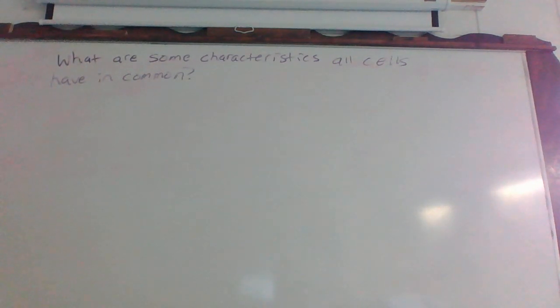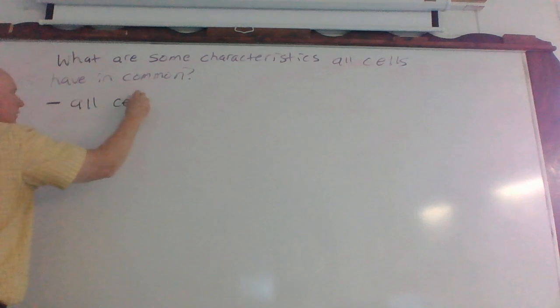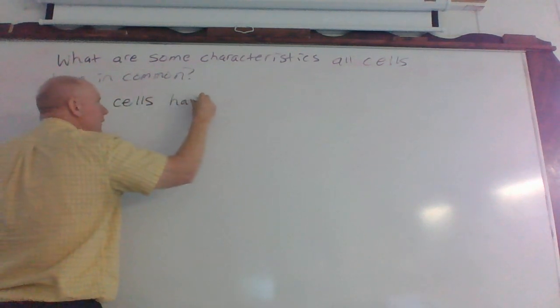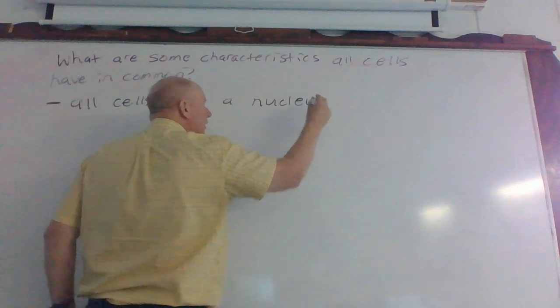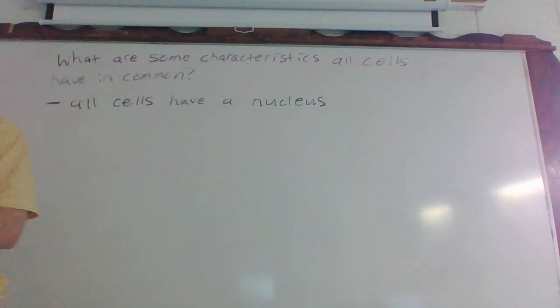And probably first and foremost is all cells have a nucleus. That's really no surprise. All cells have a nucleus. Okay? And not only is that important for just saying what these have in common, but what does the nucleus actually do? Okay?